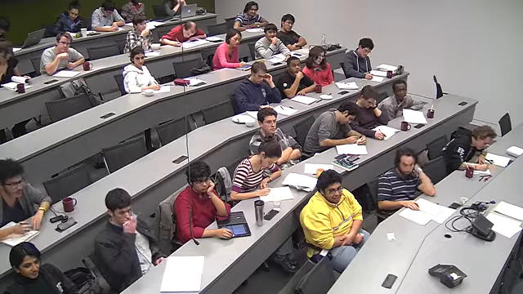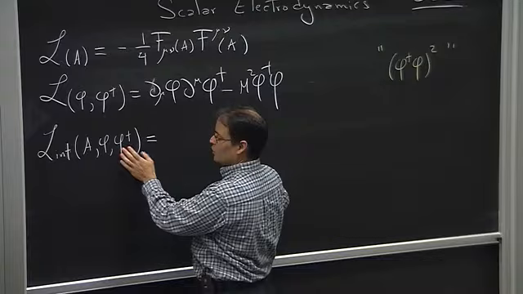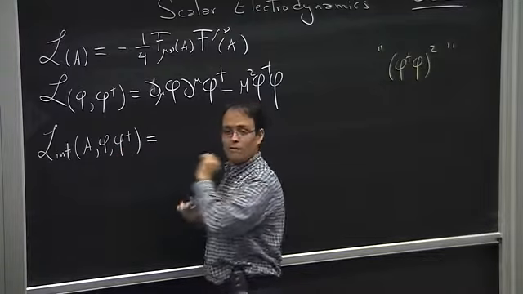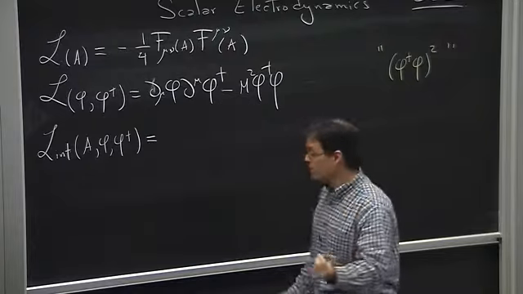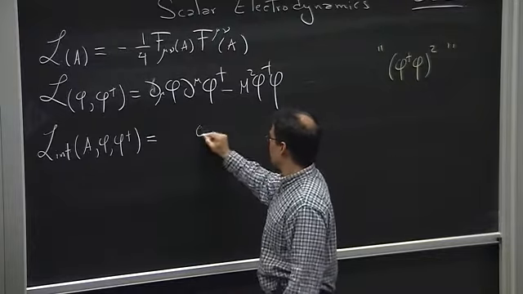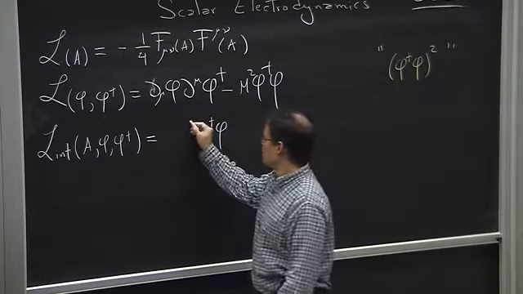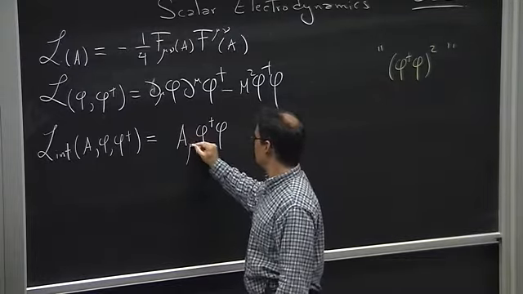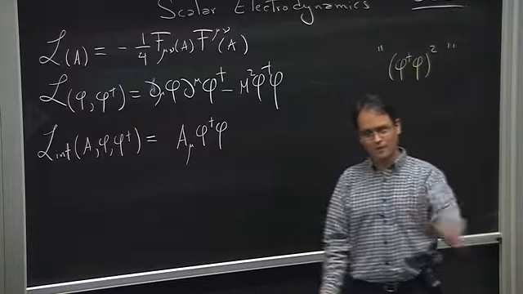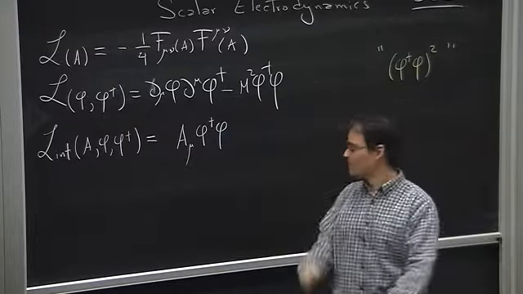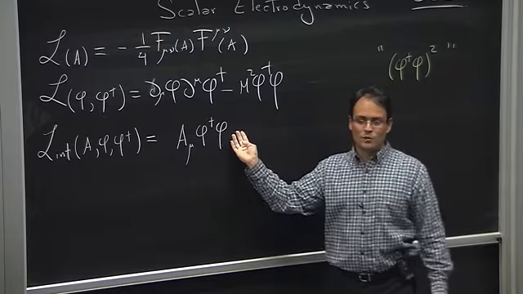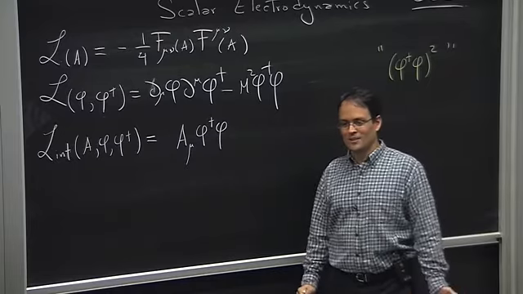Okay, what else? So, as I said, we don't want any interactions that don't involve all three fields at the same time. So, well, I can start with something like this, but if I write this, and I put A mu together with this, that satisfies the requirement that all three are together. But what's the problem? It's not Lorentz invariant.